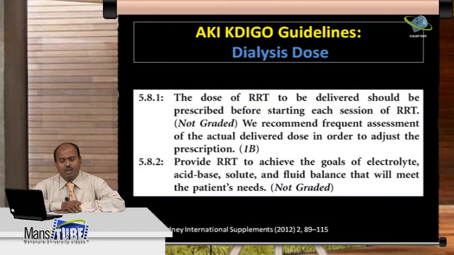Regarding the dose, the renal replacement therapy dose to be delivered should be prescribed before starting each session, and they recommended frequent assessment of the actual delivered dose in order to adjust the prescription and provide RRT to achieve the goals of electrolyte, acid-base, solute, and fluid balance that will meet the patient's needs.